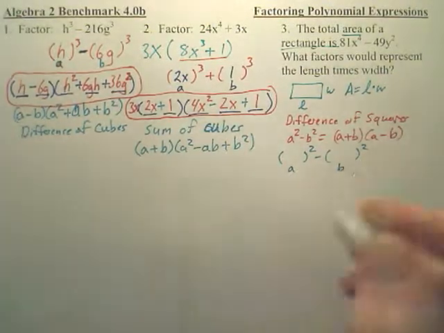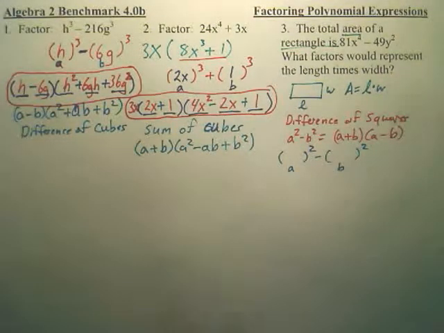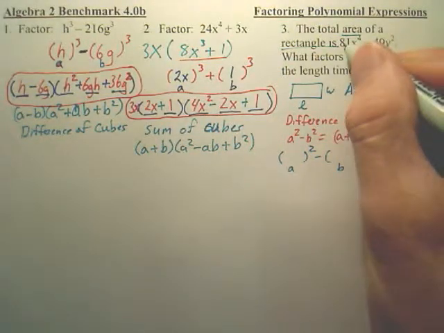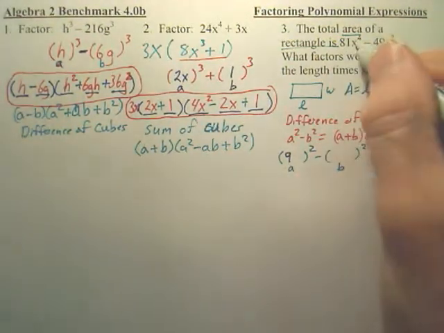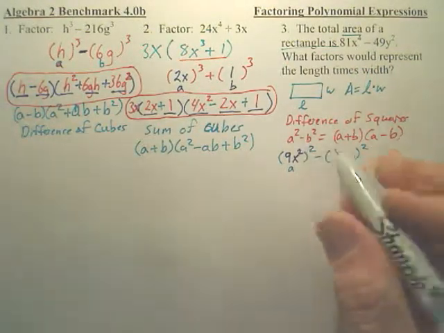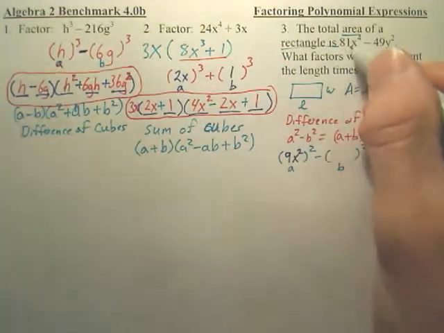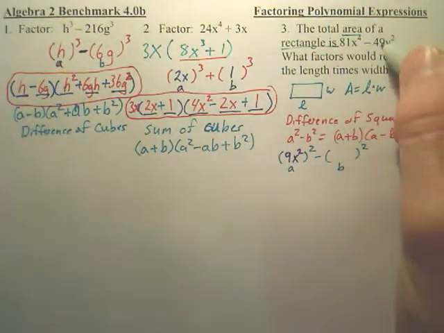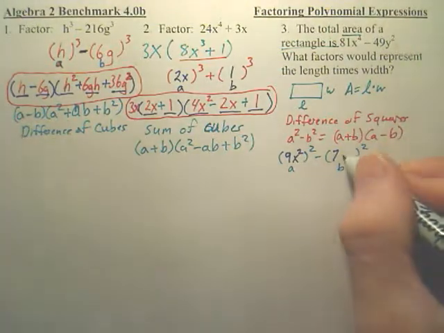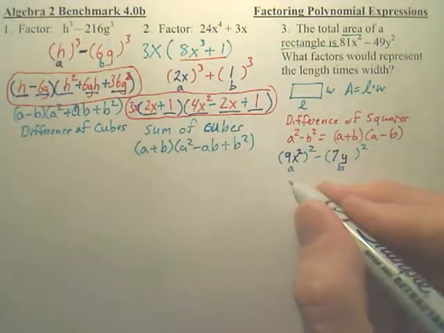What's your a? What's your b? Well, your a, what squared gives you this? Well, 9 squared gives you 81, and x squared squared gives you x to the 4th. So this is 9x squared. Then 7 squared gives you 49, and y squared gives you y squared. So that's your a and your b.